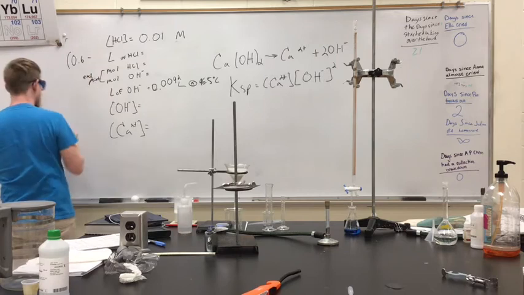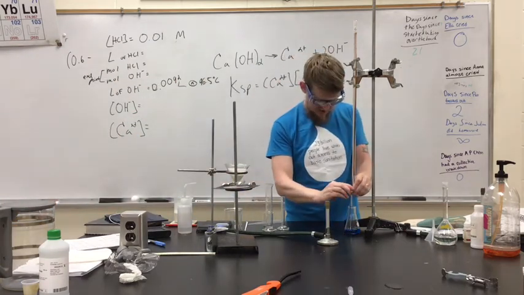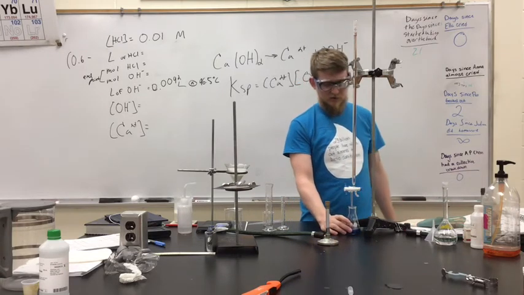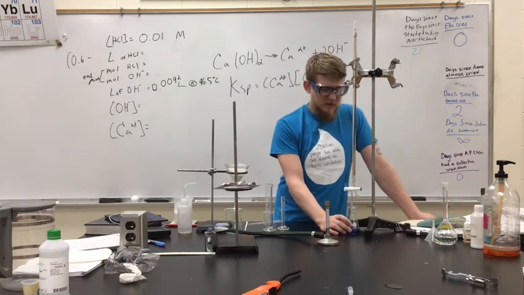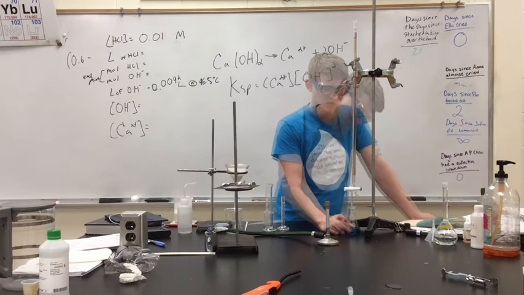We're going to have to see what we get to as we neutralize this. And we're going to start adding this slowly here. All right. So there we go. We're going to just continue to do this slowly. And I'll probably fast forward this part of the video so you guys don't have to sit here.